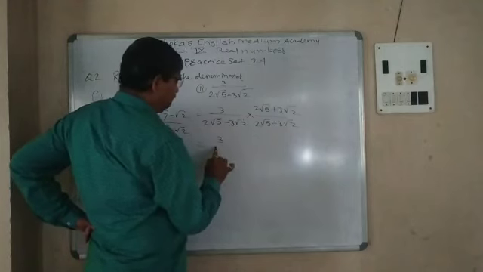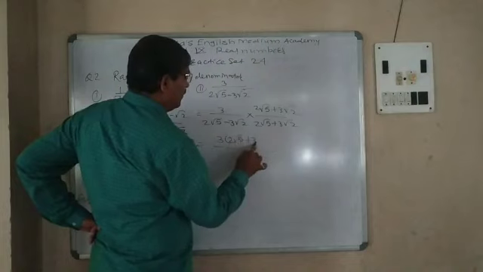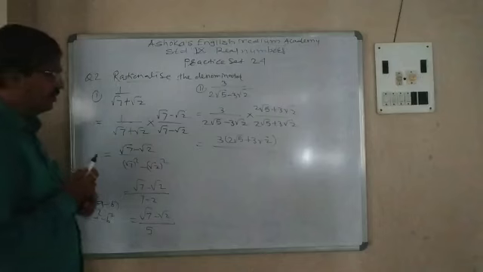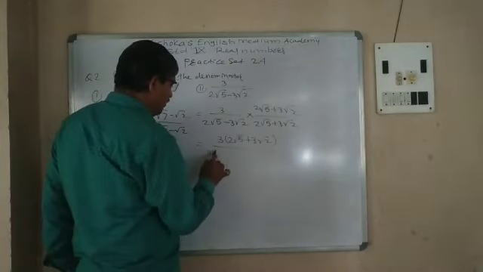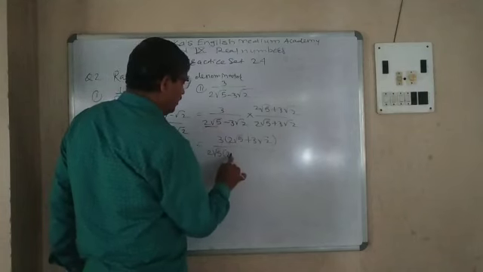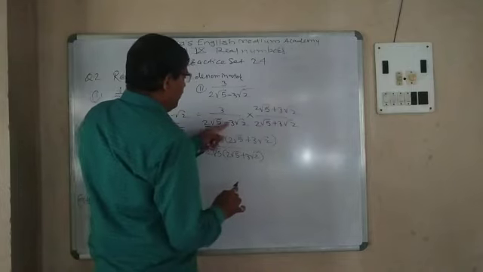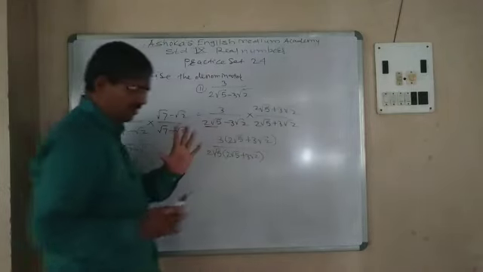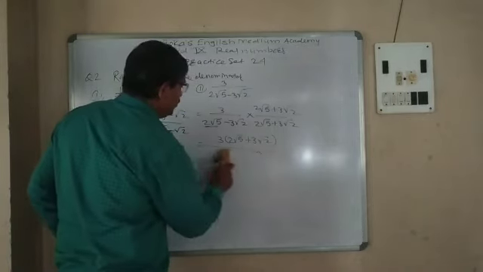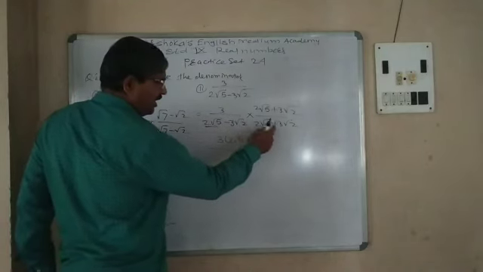Then what will you do? 3 in bracket 2 root 5 plus 3 root 2, and 2 root 5 multiplied to the second bracket, and so on. There is no need of doing it this way. The simple way, I have already told you: here it is 2 root 5 minus 3 root 2 and here it is plus.